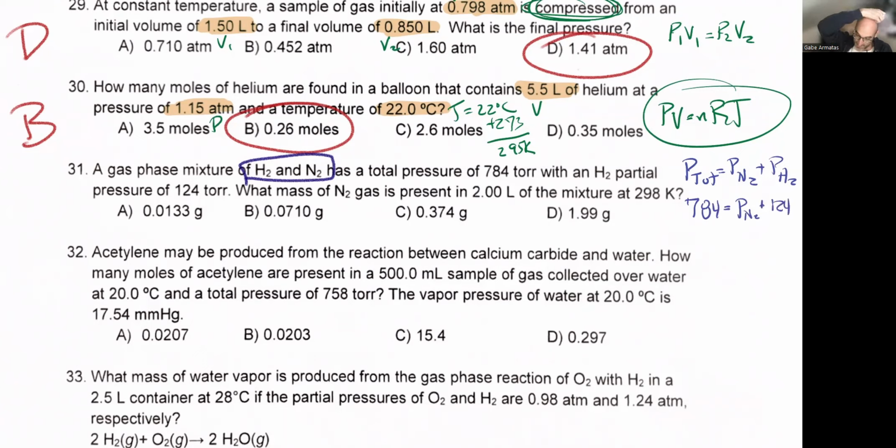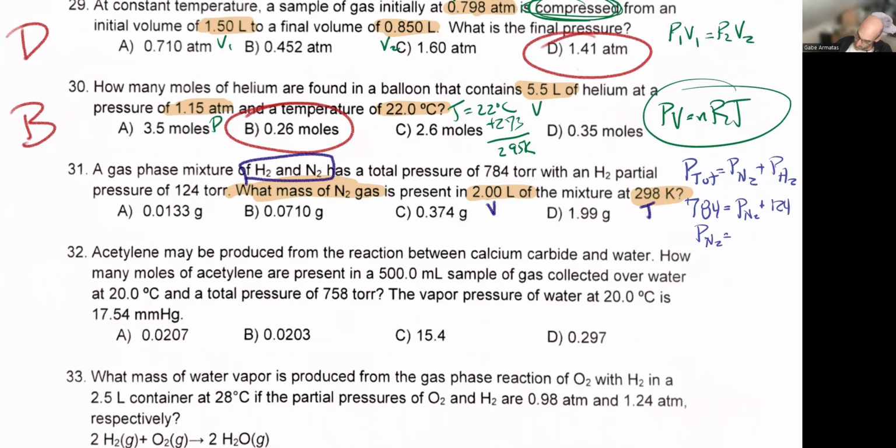What is the mass of N2? So we're looking for the mass of N2 gas. And so we've got a volume in liters, we've got a temperature. But the volume is already in milliliters. That's good. So my pressure of N2 is going to be, what's that?